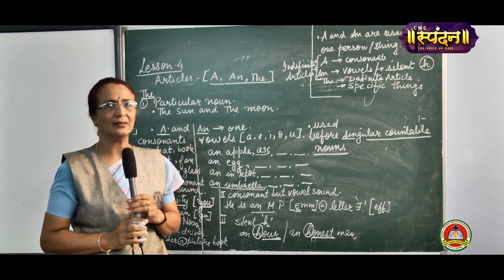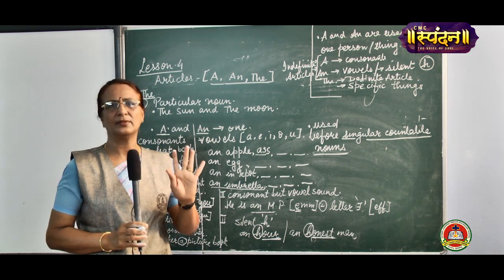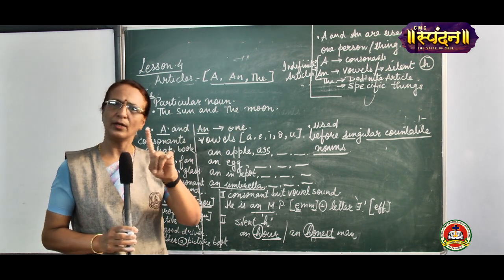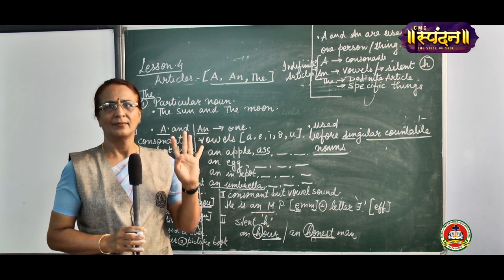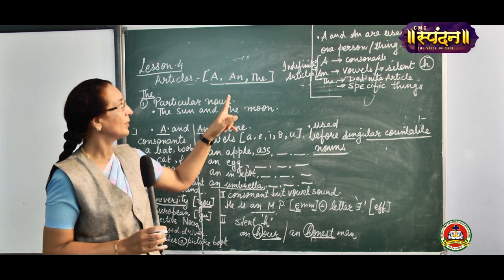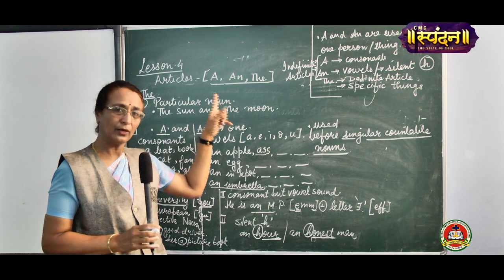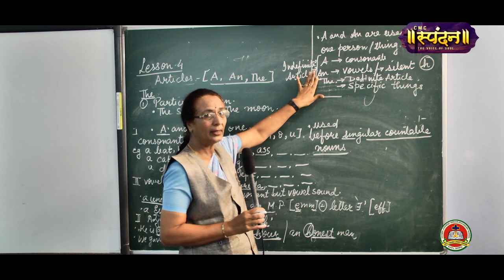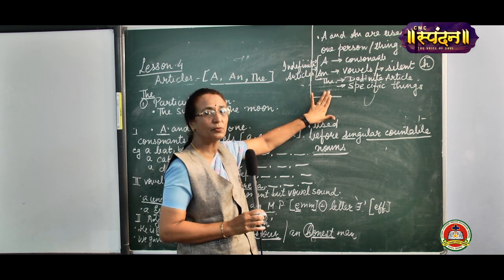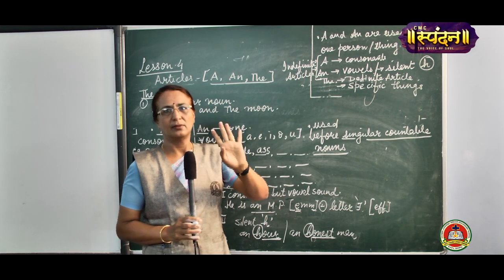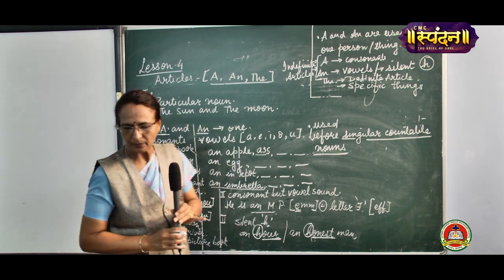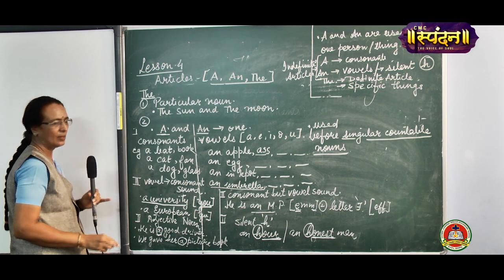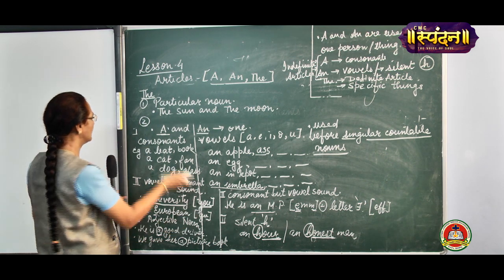So we will not say a, we will say the. That is why it is called a definite article. A is used before one, but the is used before particular nouns. Is that clear?